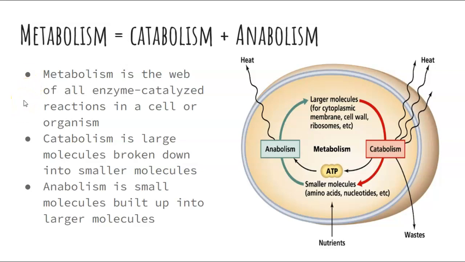Catabolism is large molecules being broken down, and anabolism is small molecules built into larger molecules. So you can see right here, you have the breakdown, and then you have the rebuilding, and it is a circle. It will continue to be a circle, but all of these reactions are considered under the umbrella of metabolism.